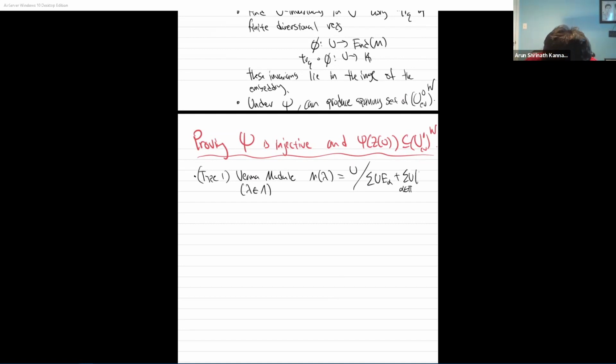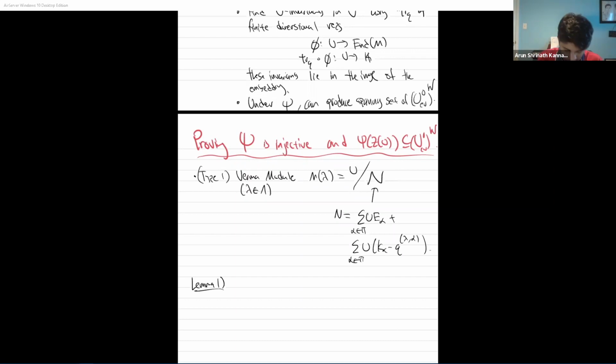That is the quotient of U by the left ideal generated by U e_alpha, plus U (k_alpha minus q to the lambda alpha).